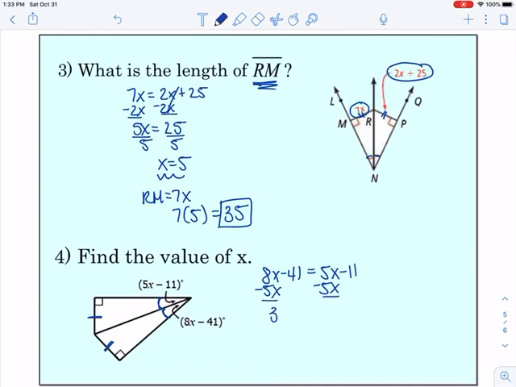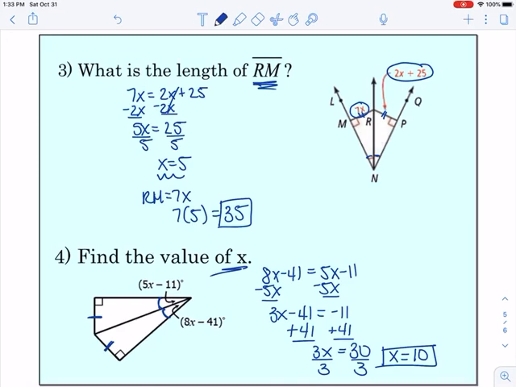Subtract 5x from both sides, and I'm going to have 3x minus 41 equals negative 11. I'll add 41 to both sides, and 3x is going to equal 30. Lastly, we'll divide by 3, and x is going to equal 10. It only asked me to find the value of x. I found it, and I'm done.